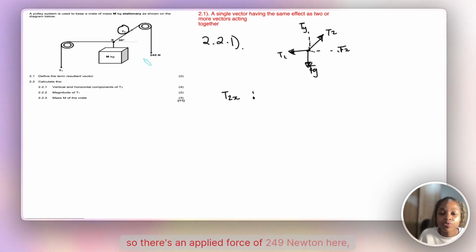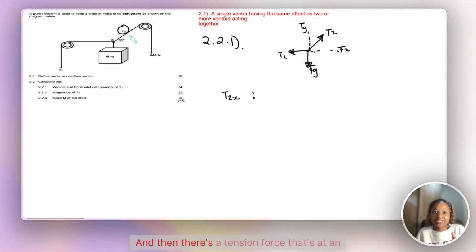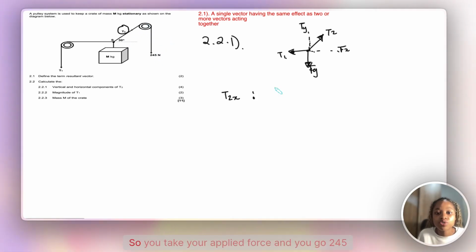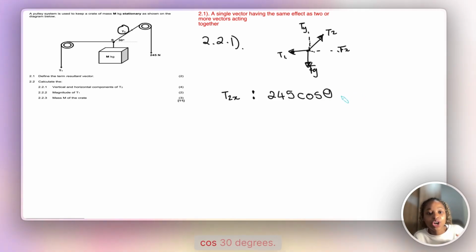There's an applied force of 245 Newton here, as you can see. So this is the force that is applied, and then there's a tension force that's at an angle. So you take your applied force, 245, times cos theta, because this is the horizontal, so you will use cos. Oh, cos 30 degrees in this case, it's not theta.